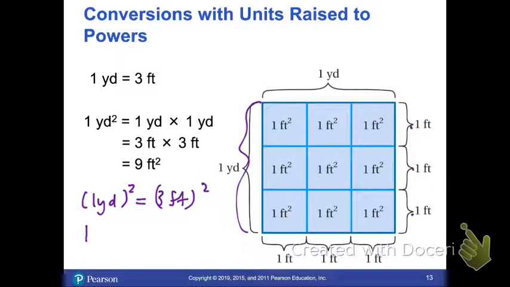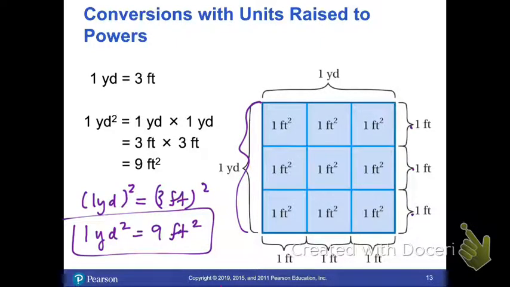So 1 times 1 is 1, and again, if you do yards and you square, you have to square the unit also. 3 times 3, 3 squared, is 9, and we also have to square the feet. So now I have a new conversion factor, and we can use this conversion factor to solve problems. So the original one will be given to you, but it might be squared or cubed, and you have to do the work to show the new conversion factor with the powers.